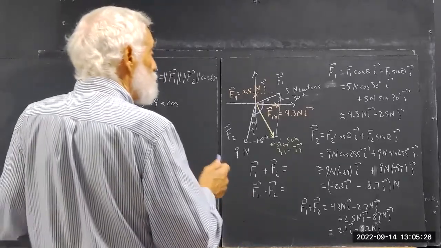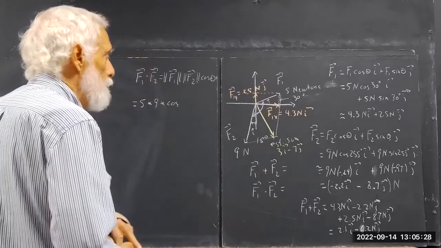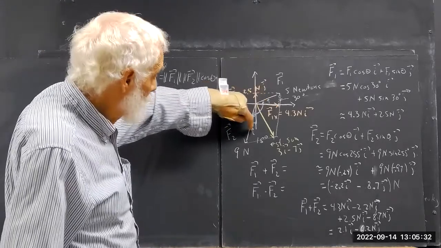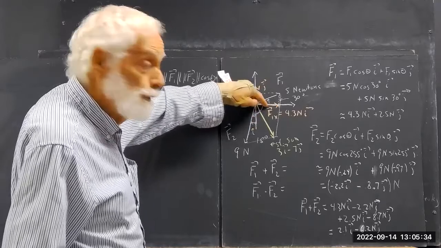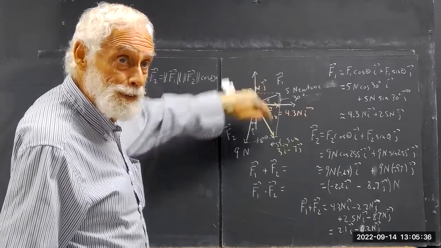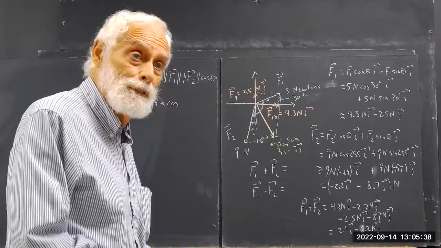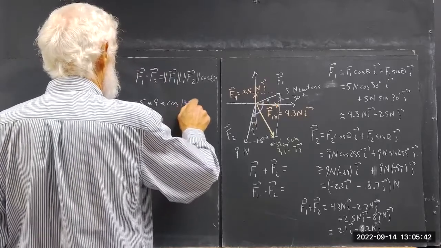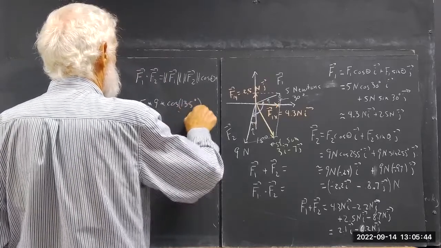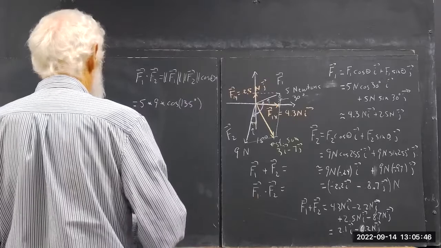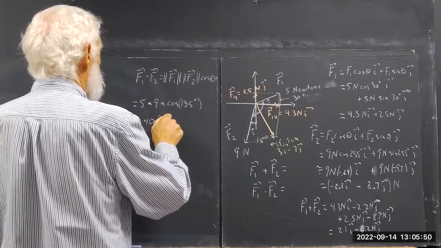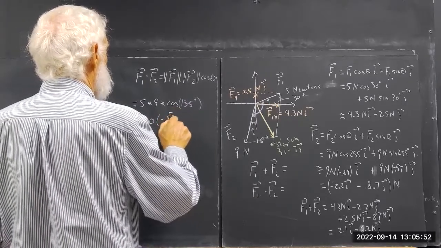Okay, and what is this angle? Well, you got 30 degrees here, you got 15 degrees here, and you got 90 degrees here. 135 degrees. So that equals 40 times negative square root of 2 over 2.